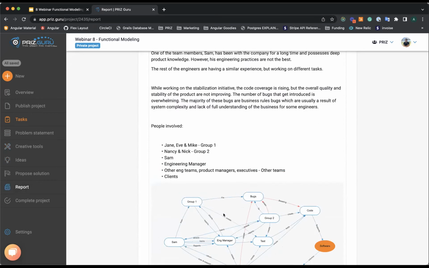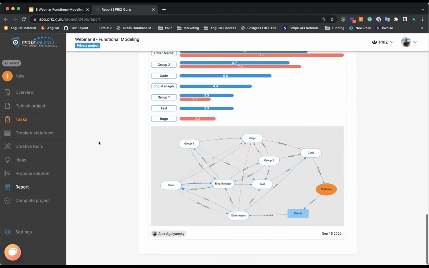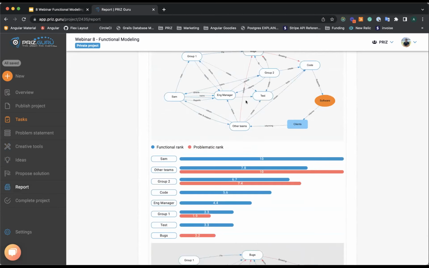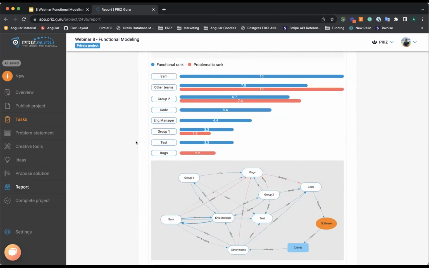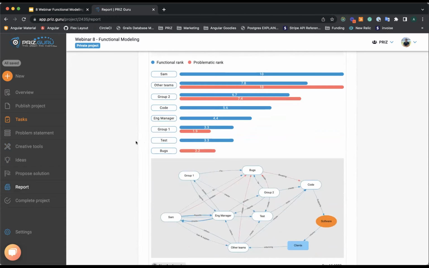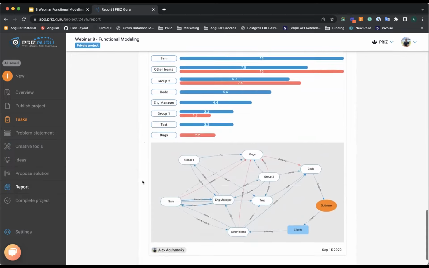Sorry, that's the screenshot that we put in. That's the current status of that model and the ranking and everything, with Sam being on top in this case. And that's part of the conclusion. We didn't write anything additional in there, but that's the initial picture that we had, right?